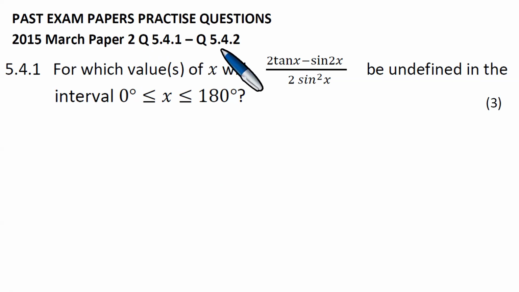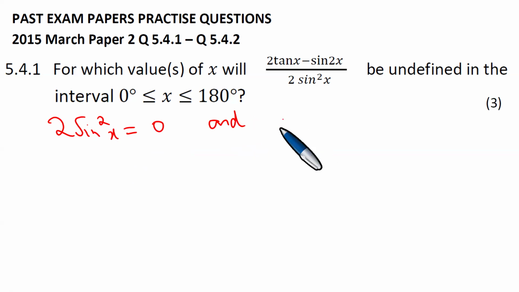For which values of x will this particular expression be undefined in the interval where x lies between 0 degrees and 180 degrees? We are given this particular expression. When is it undefined? It is undefined in two instances. It is undefined when the denominator equals 0, 2 sine squared x equals 0, and whenever the tangent is undefined.